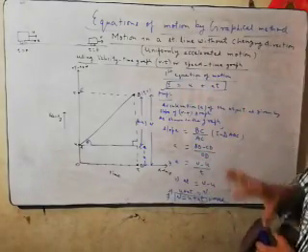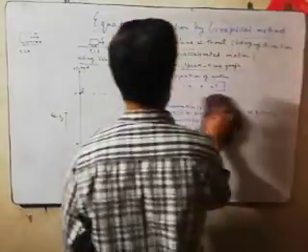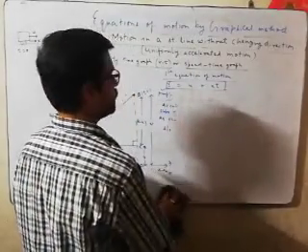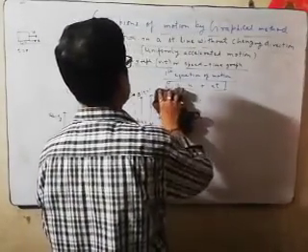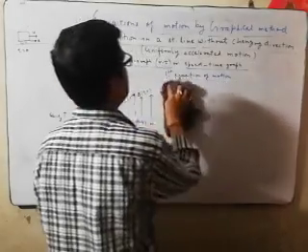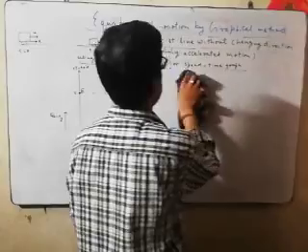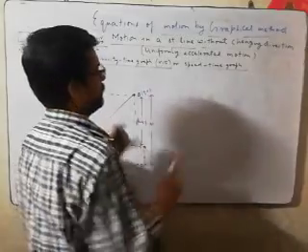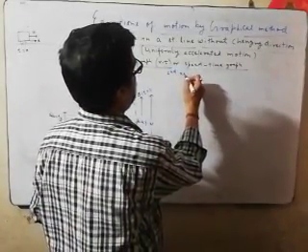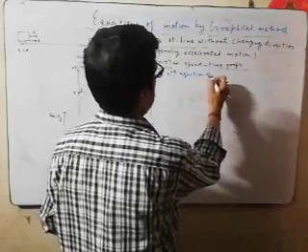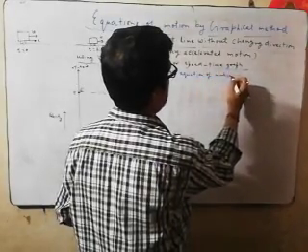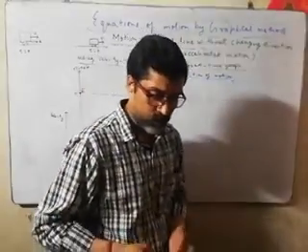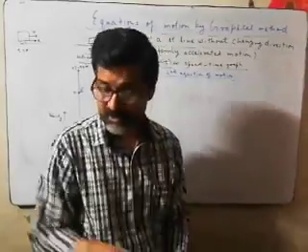S is equal to ut plus half at square, the second equation of motion. So how do we prove the second equation of motion? For this, one concept is very much required.